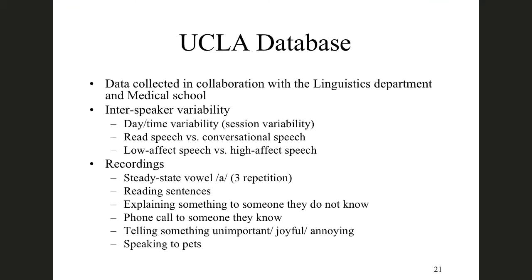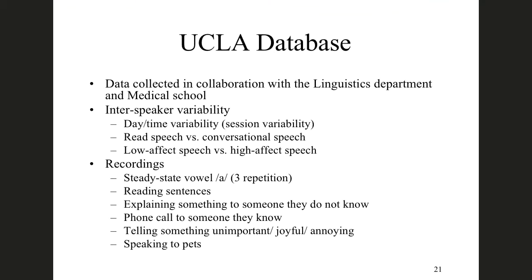You don't have their speech when they were not angry. So we wanted to have the same speakers, and we induced these affects naturally. We'd tell them to recount an incident which made them very happy or very sad.